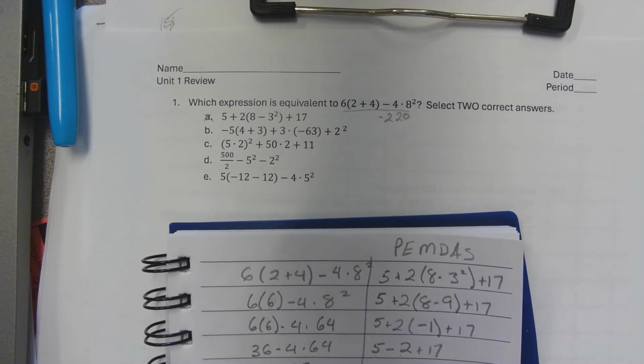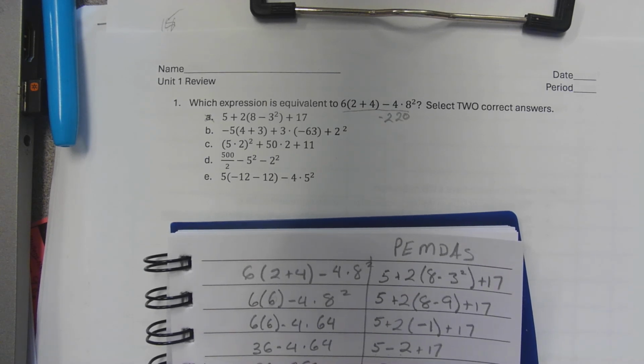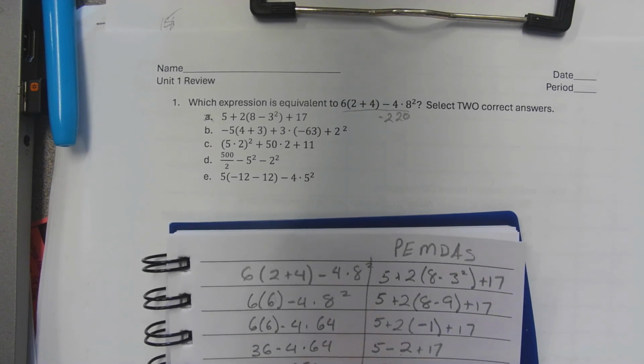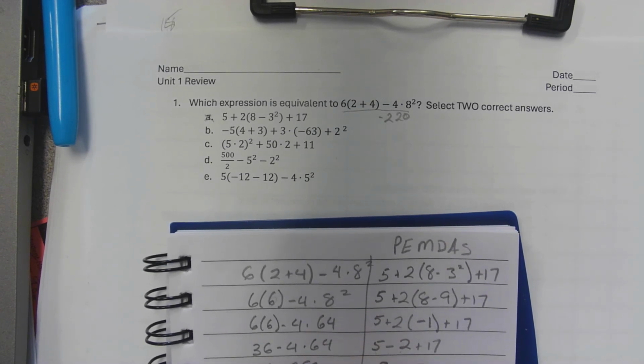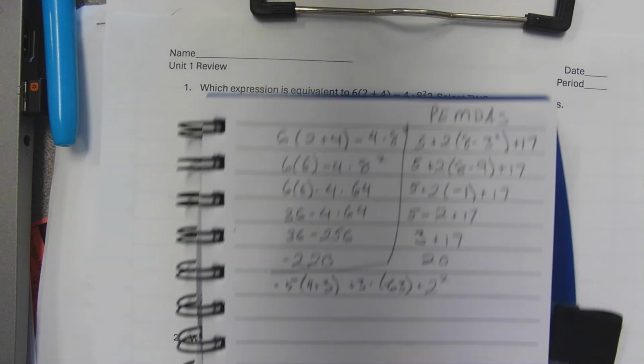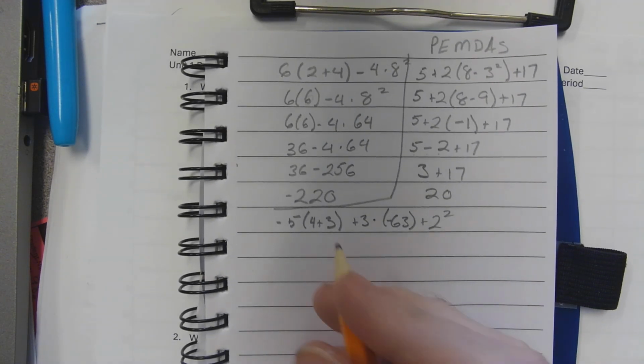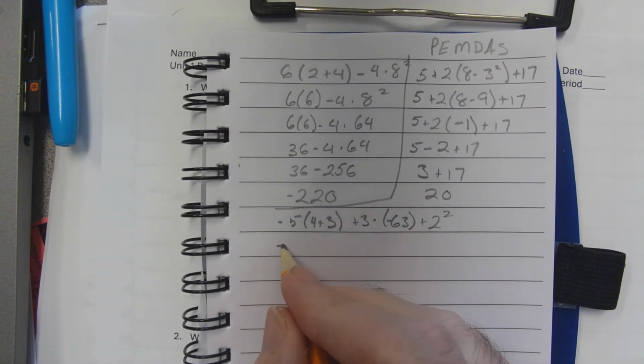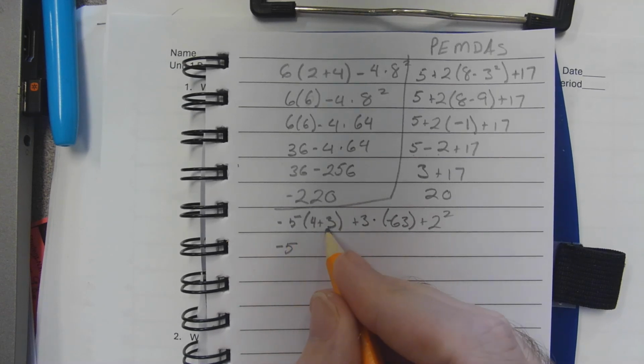And so we go on to choice B. Negative 5 times (4 plus 3) plus 3 times negative 63 plus 2 squared. I know I'm not on the screen, I'm just writing the question down. Okay, well, parentheses first. 4 plus 3 is 7.